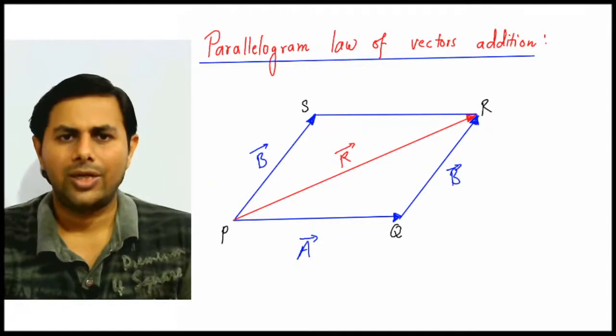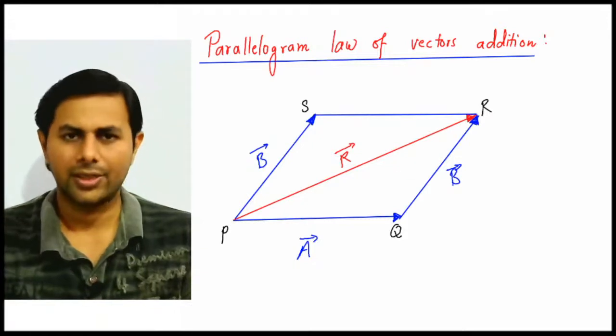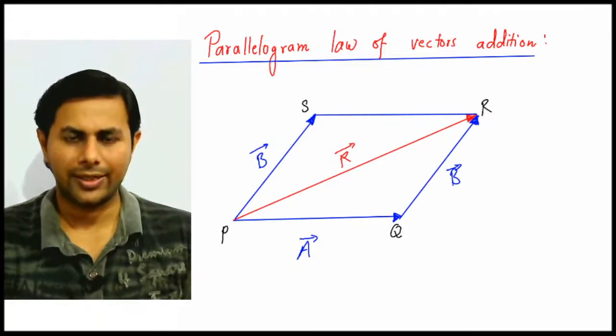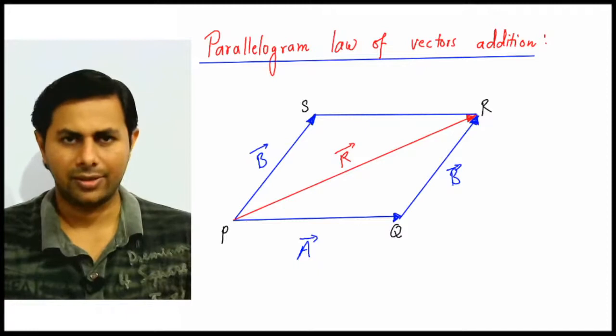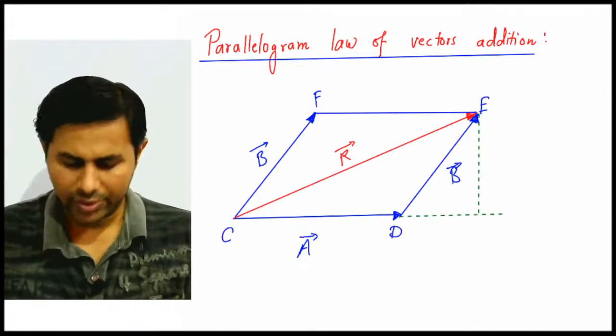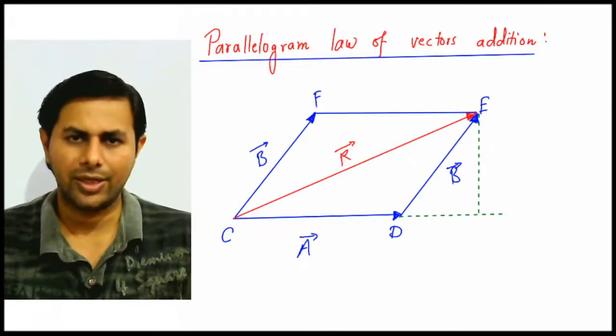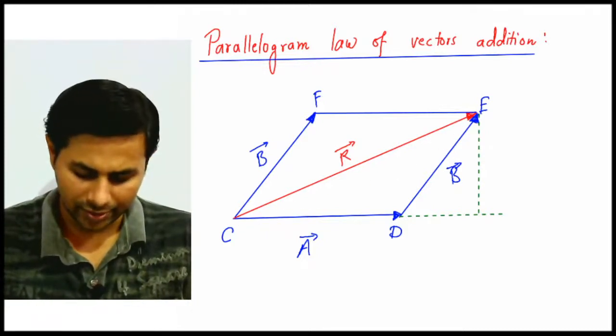Now I want to find out the magnitude and direction of this resultant in terms of the magnitude and direction of a bar and b bar. We are going to find the magnitude and direction of this resultant r bar.